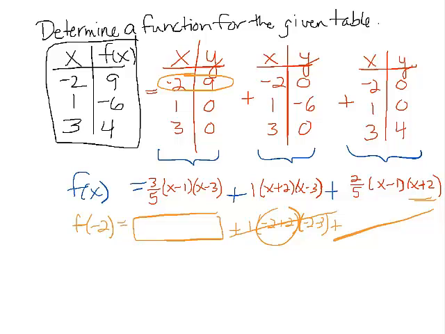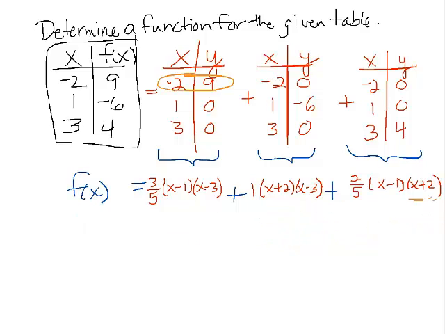Okay? So now, I just wanted to point out one other thing, and that is that we could turn this, whatever form we want to call it, into standard form. We could. We should get a quadratic, right? We're adding a quadratic and a quadratic. You don't have to do that.